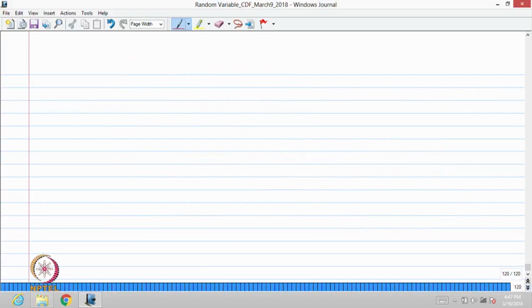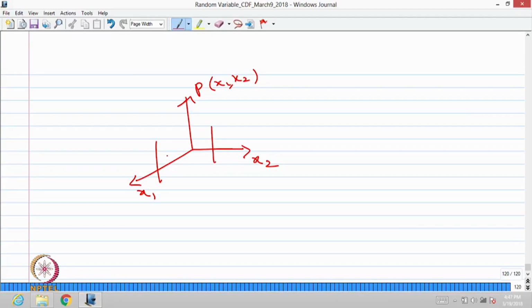You can go for a graphical representation of a joint probability mass function x1, x2. So, this is the probability mass function of x1 comma x2. That means at some point in the two dimensional x1, x2 plane, whatever the smaller heights, that is going to be the probability mass function at the point x1 comma x2.